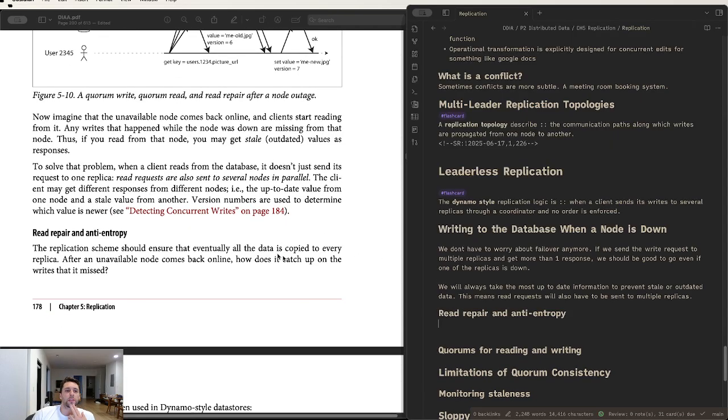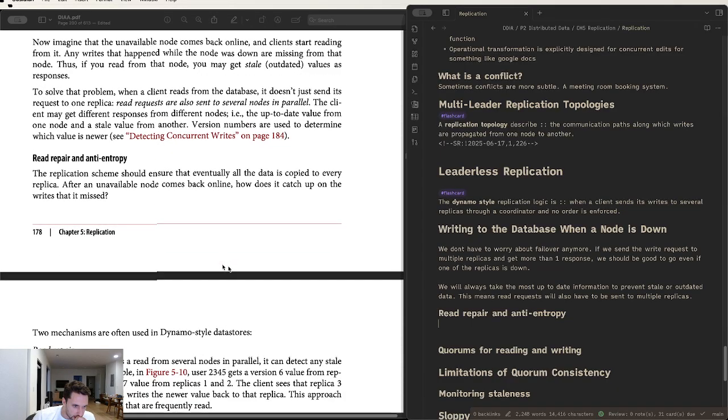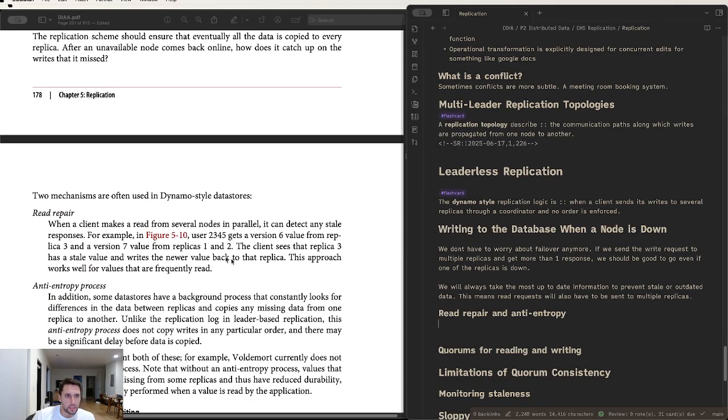The replication scheme should ensure that eventually all the data is copied to every replica after an unavailable node comes back online. How does it catch up on the writes that it missed? 2 mechanisms are often used in Dynamo-style data stores. Read repair.